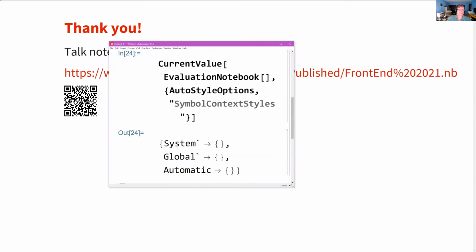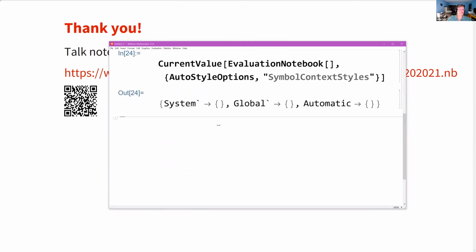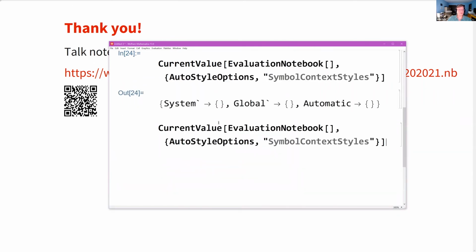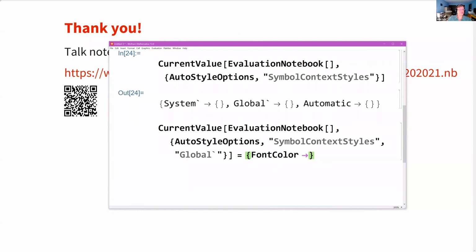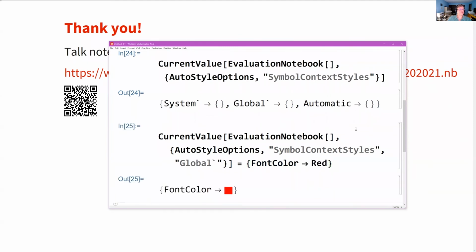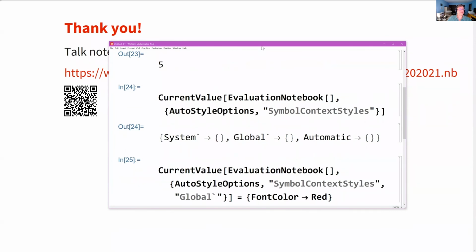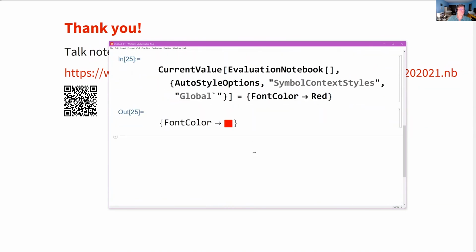Okay, and so I think then if I were to do global equals font color red. Did that work? Let's see.